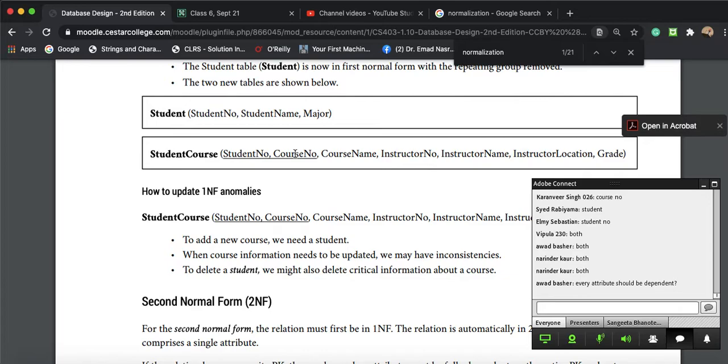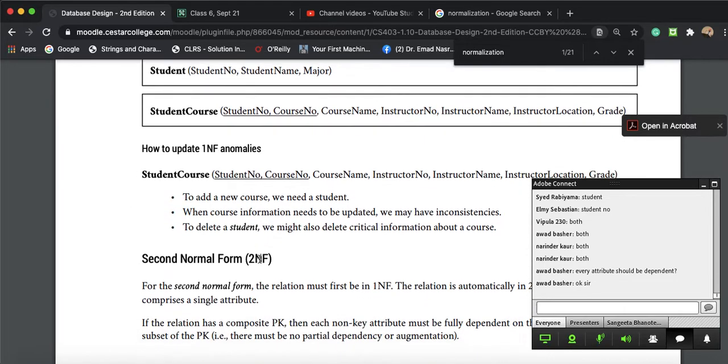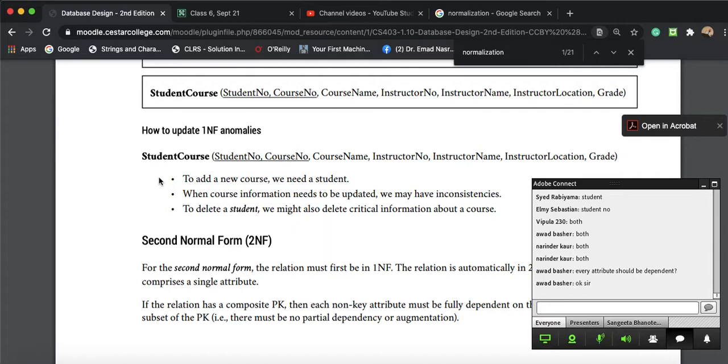Yes, every non-key attribute must depend on the whole, entire primary key, not on part of the primary key. If it depends on part, it's not in the second normal form. So it's obvious here, this relation is not in the second normal form.